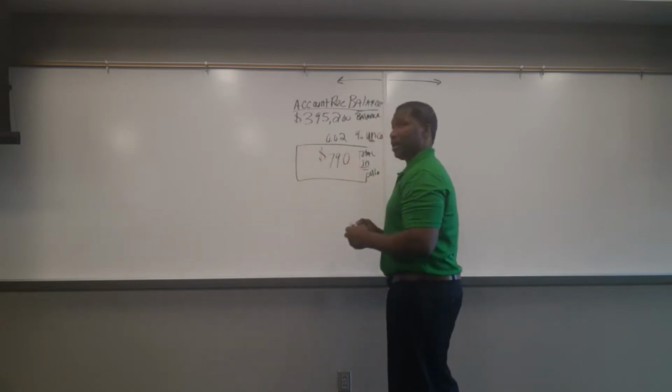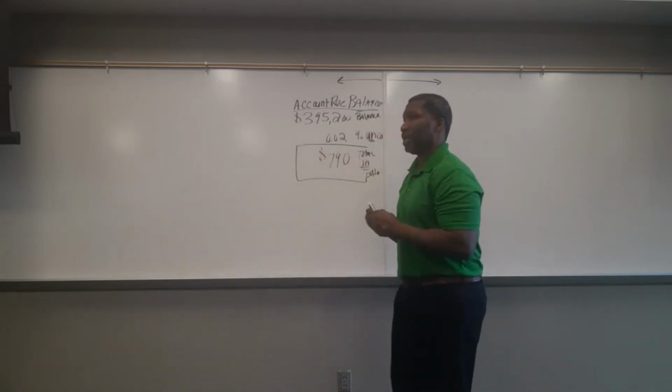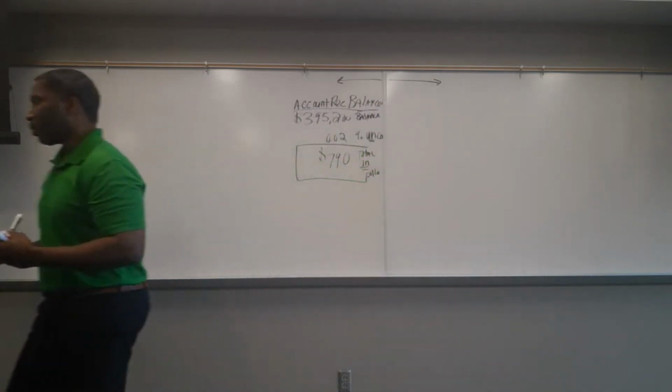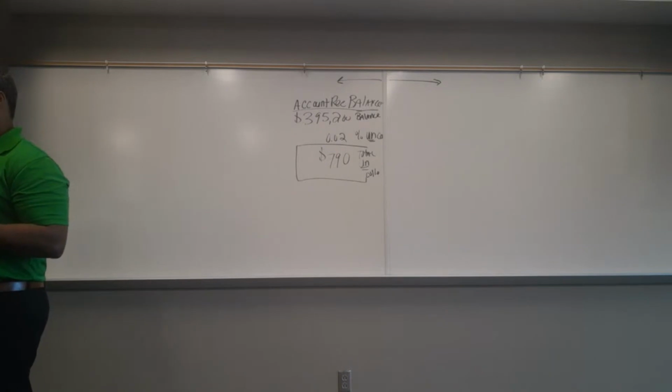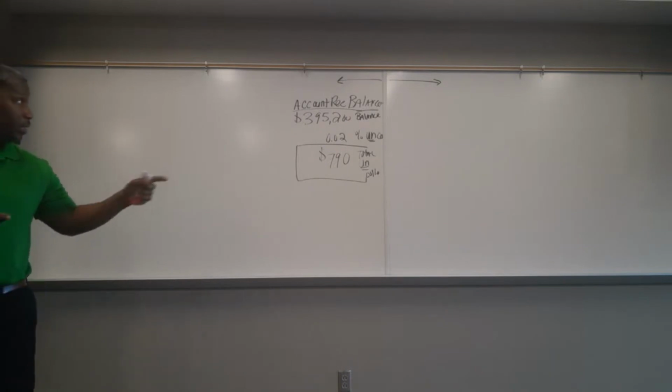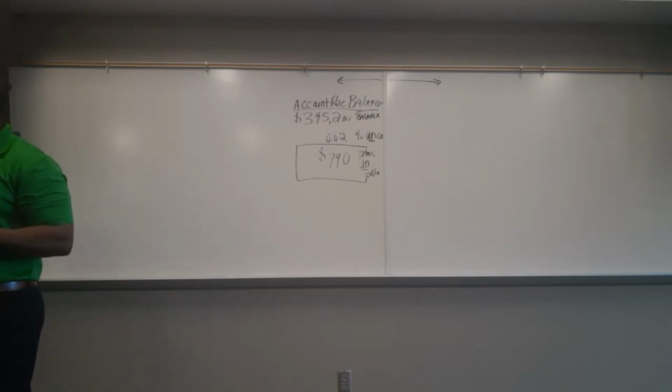Good, $790. So this is my percent uncollectible, right? Now, I have to put a journal entry in. But before I do the journal entry, I have to think about something, okay? This is $790.